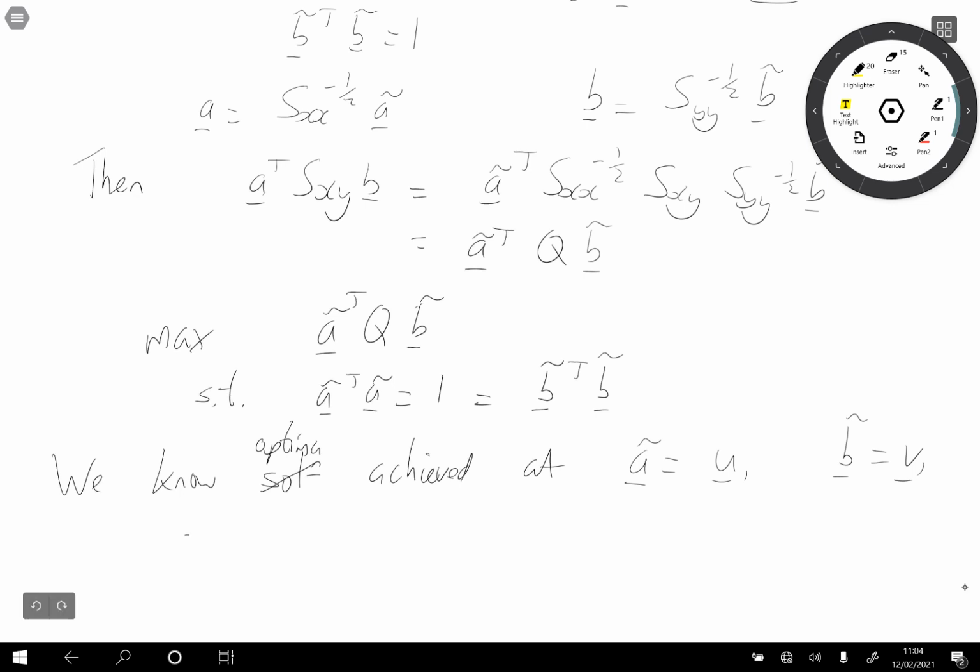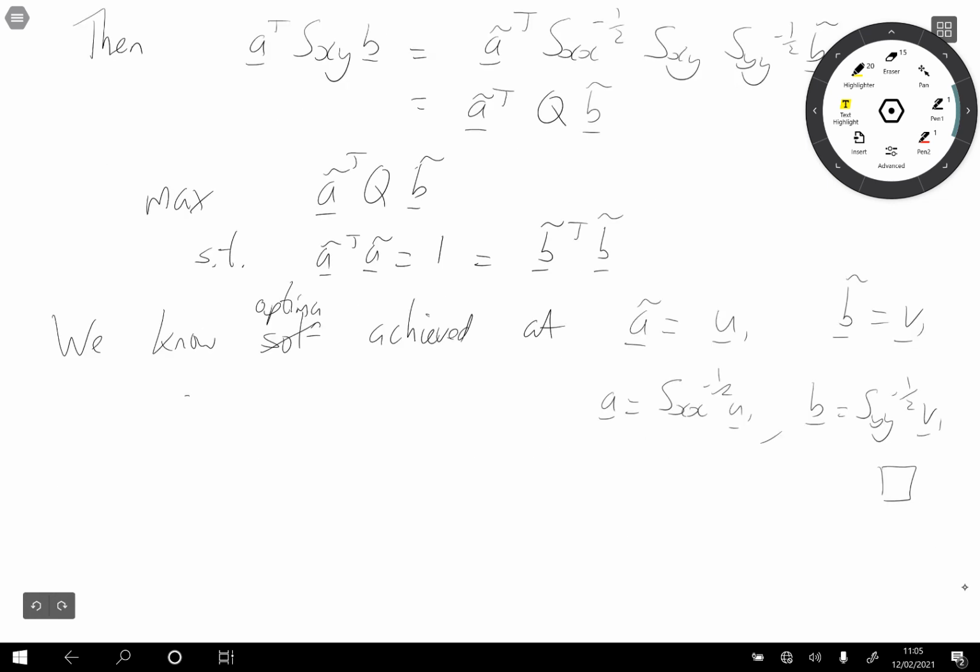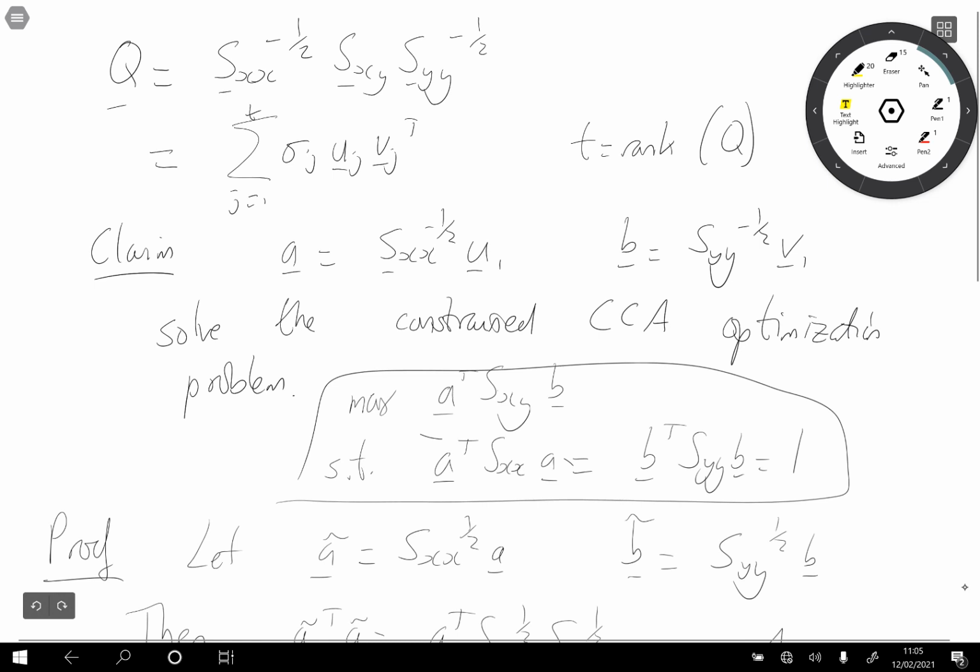Then if we convert back to A and B, this says that A is S_XX to the minus half U1, and that B is S_YY to the minus half V1, as we claimed. Yep, so that was our claim that the solution to this problem was solved at this value of A and this value of B, which is what we've just shown.